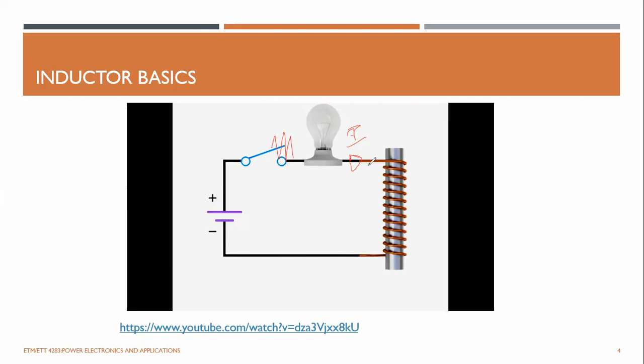To avoid this, in most relay circuits you have seen a freewheeling diode across this. In normal scenarios, this diode prevents current from flowing through here, but when you turn off this switch, the inductor current flows in this direction, so it has the freedom to circulate back here.